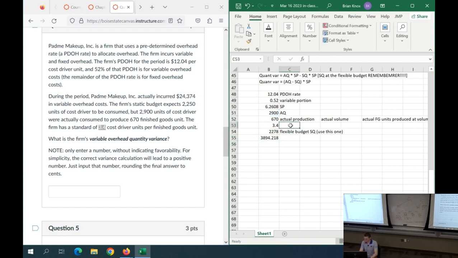I'll label these things, and I want to put units in there. Remember, we're doing a little exchange rate. We have finished goods units. We have cost driver or input units. So two different units, so we have to have an exchange rate going on there. All right. This is the quantity variance. So that should be the right answer there.